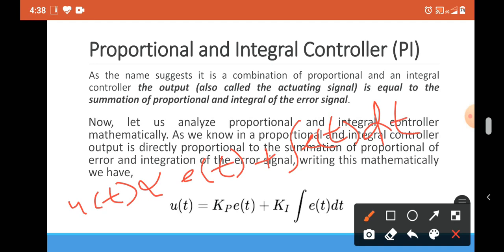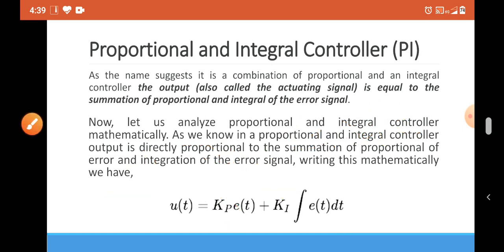Now if you want to replace this proportionality sign, you need to add two proportionality constants. The first one will be kp for the proportional term, and the second one will be ki for the integral. So you get the proportional integral controller in mathematical form.